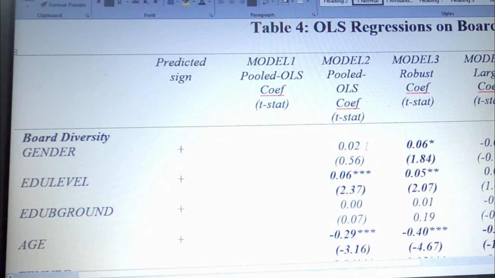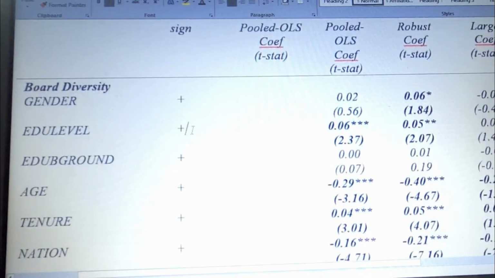Alright, now we move towards the second part of the analysis, where you are going to test the interaction terms between your independent variables. As we can see here, the predicted signs I have developed are based on the theory and the literature, and it seems very consistent that all of the variables are expected to be positively related to CSR.